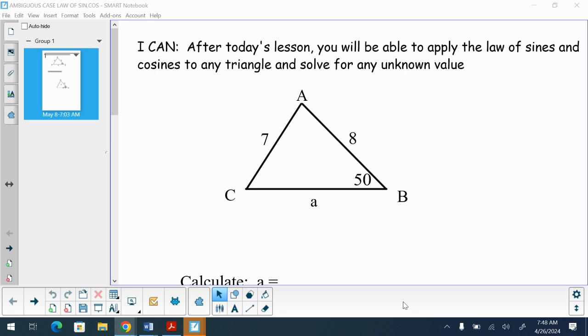So today we're going to look at, once again, law of sines and law of cosines, but we're going to work out what is called the ambiguous case.